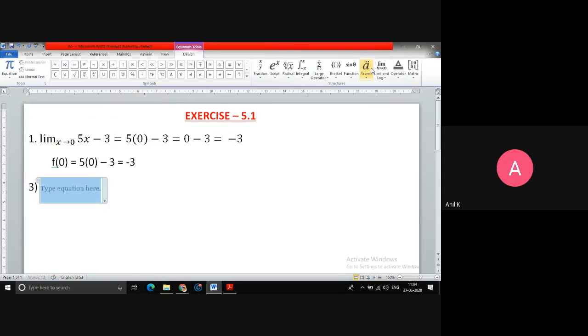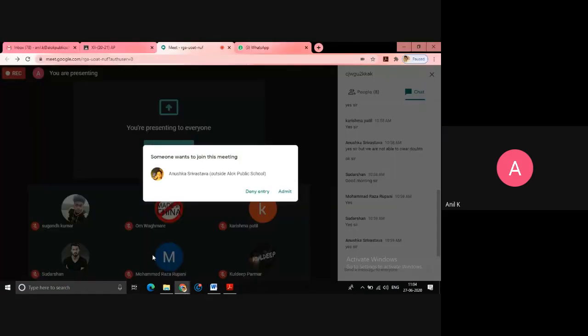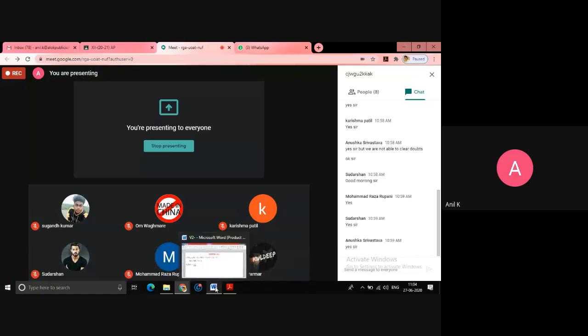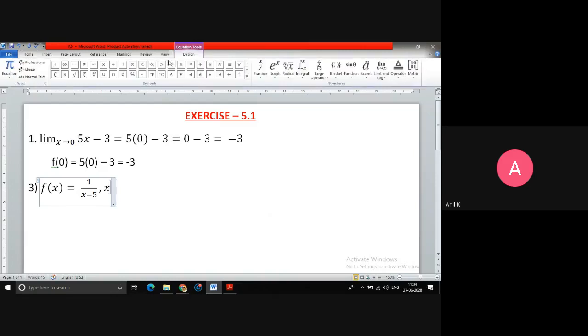F of x is going to be 1 upon x minus 5, where x is not equal to 5. This is a given function where x is not equal to 5. That, if you want to mention, you can mention.